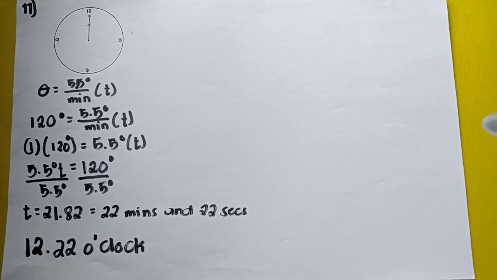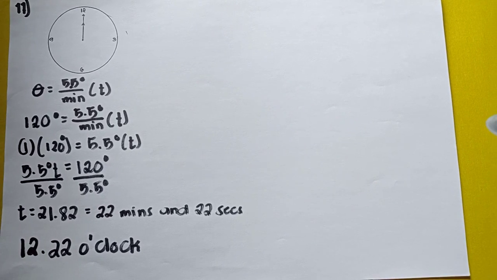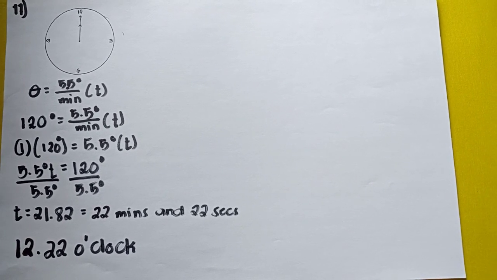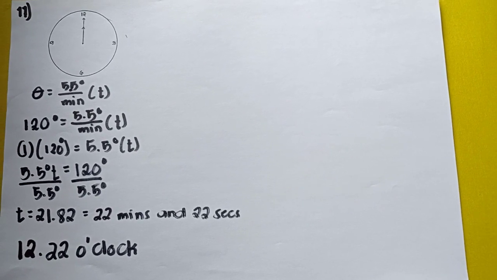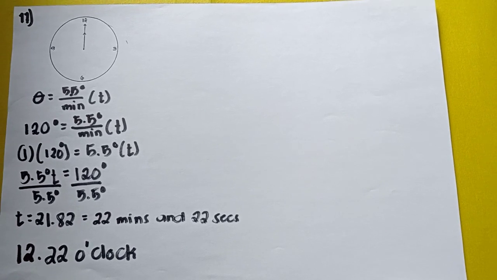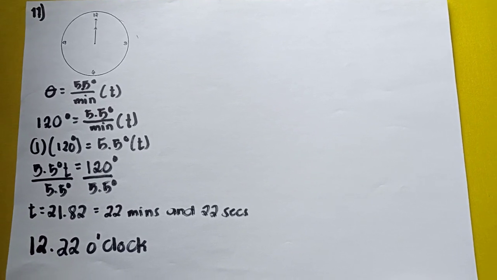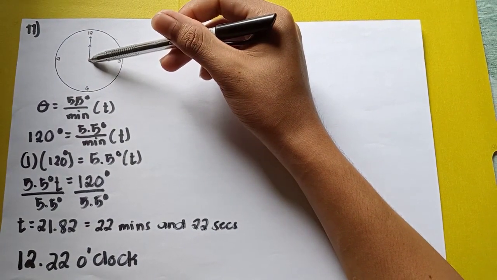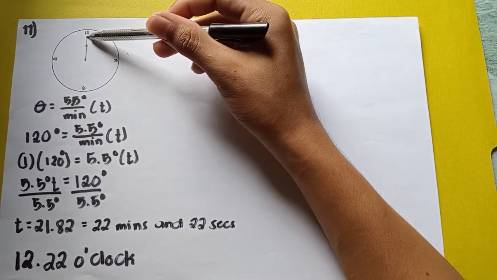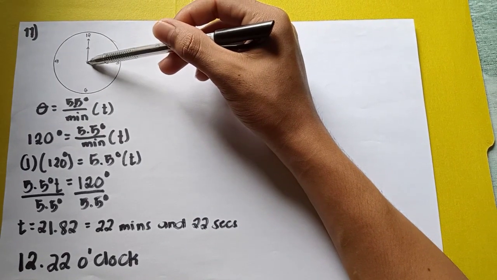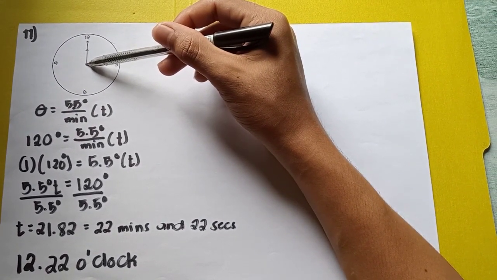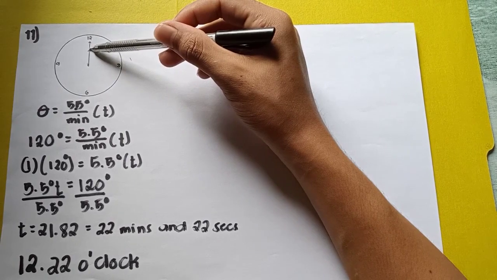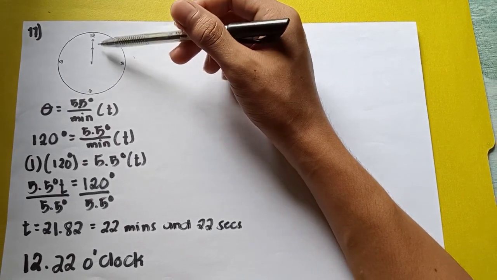Eleventh problem. At what time after 12 noon will the hour hand and the minute hand of the clock first form an angle of 120 degrees? So at 12 o'clock, the minute hand and the hour hand will coincide.